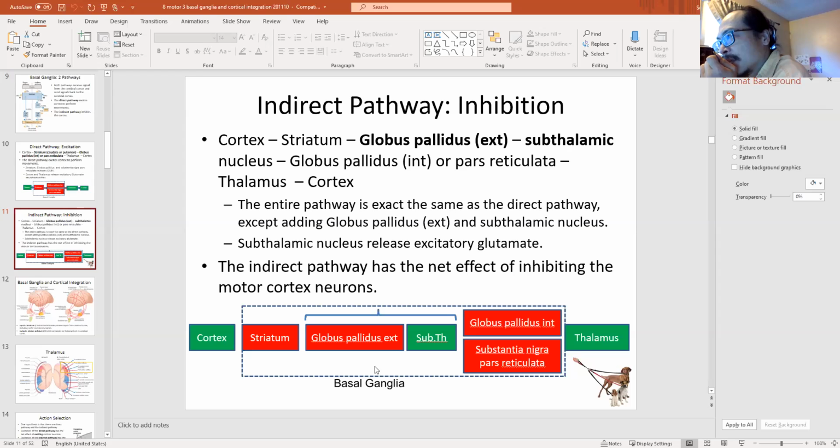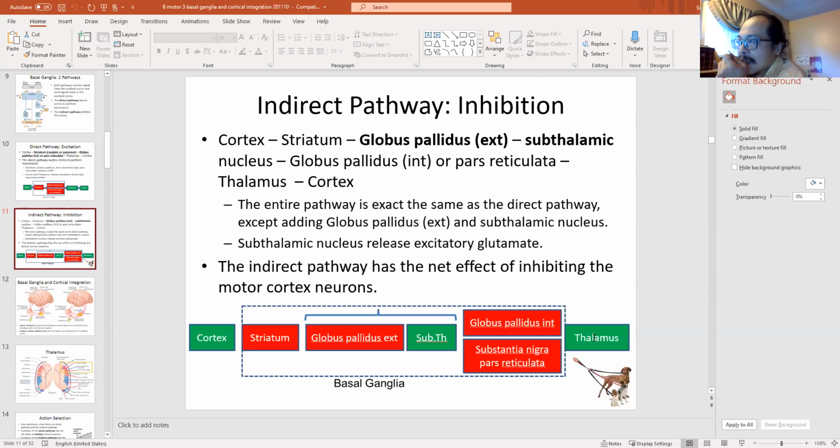The extra components here, globus pallidus external to the subthalamic nucleus, so you have the inhibitory to an inhibitory, so that will make it not inhibitory, right? We won't call it excitatory because we just don't inhibit it. This one is already excitatory, so that excite signal will pass to the excitatory. Excitatory will excite these two inhibitory, and so that will end up being an inhibitory on the thalamus.